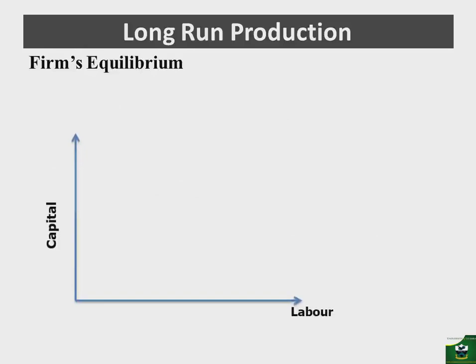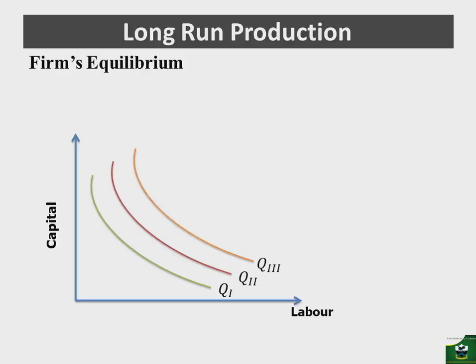Okay, so let's have an illustration. On the vertical axis, we have capital, and on the horizontal axis, we have labor. If we have indifference curve 1, indifference curve 2, and indifference curve 3, remember, we call these production indifference curves. So these isoquants are production indifference curves.